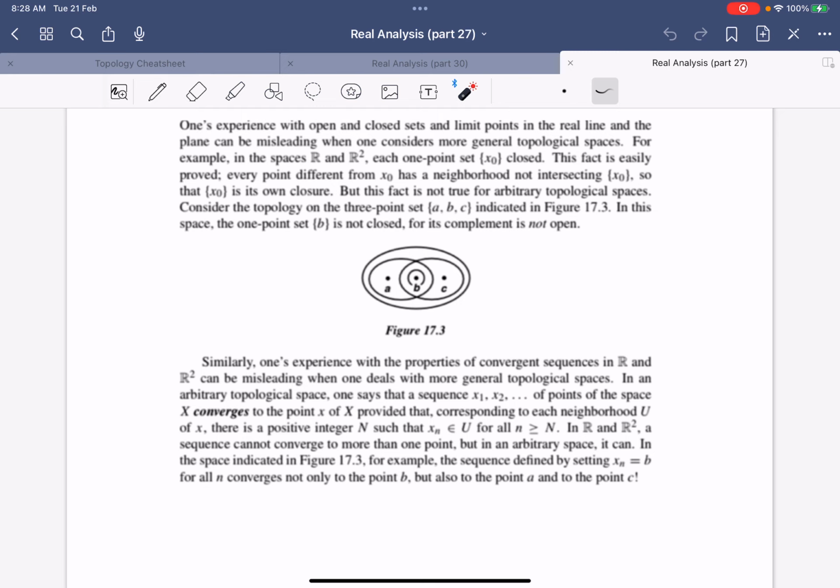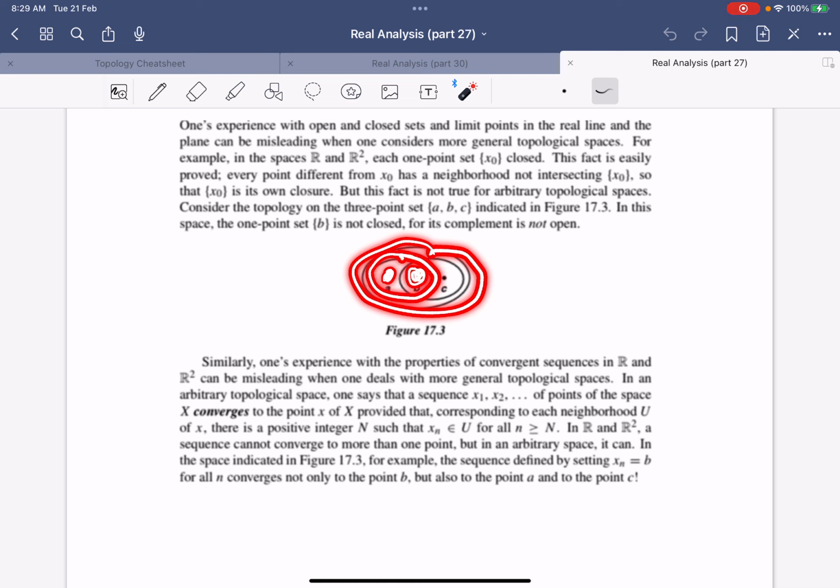So in the real numbers, it cannot converge to more than 1 point. So the limit is unique. But in an arbitrary space, it can. Because if you use the definition that for every neighborhood there's a cutoff such that xn is an element of U, then for this example, you can see that for every neighborhood of A, it's either the whole set or this.